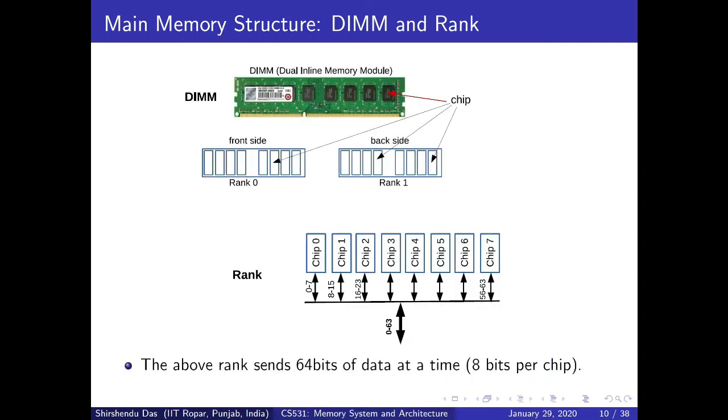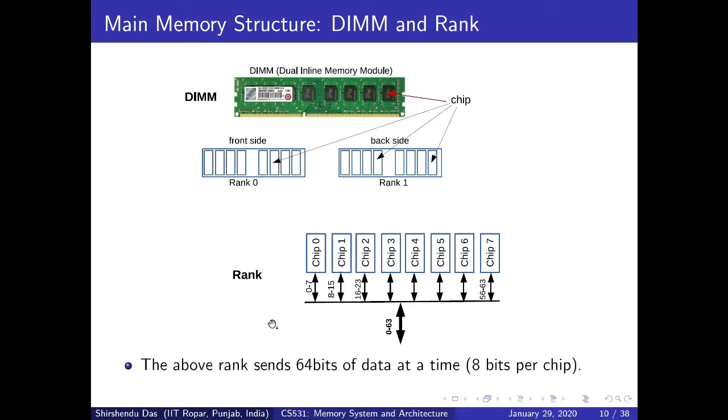But before discussing the structure of a chip in detail, let me explain something more about rank. As I said in the previous slide, a rank has multiple chips. This is a clearer picture of a rank: there are 8 chips, and all the chips are connected with a common bus here.